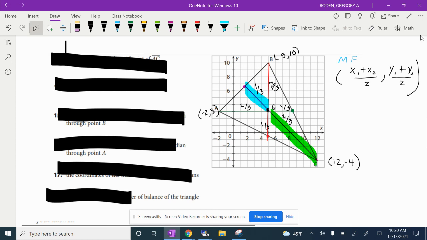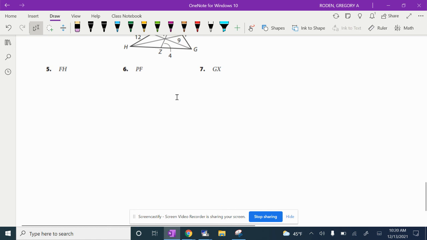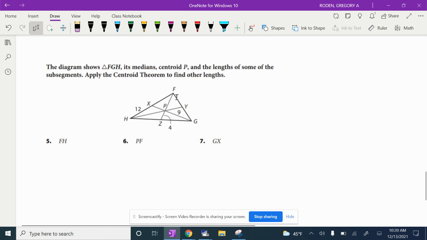I want you to see if you understand that concept. So I want you to copy this down into your notes and answer these questions to see if you understand the 2/3, 1/3 rule. Find the measure of FH, then the measure of PF, and then the measure of GX.